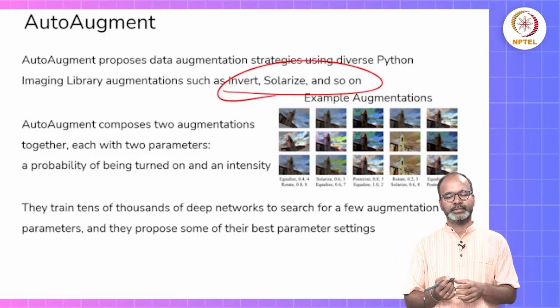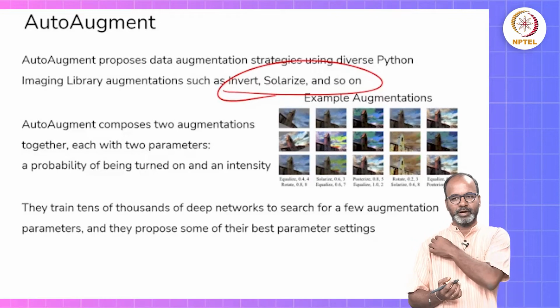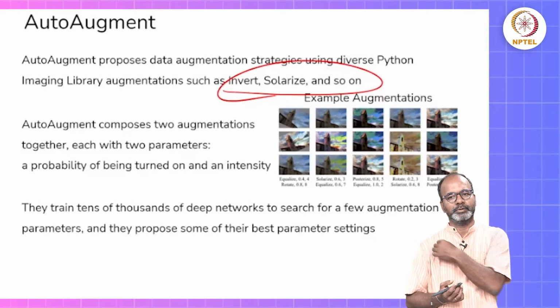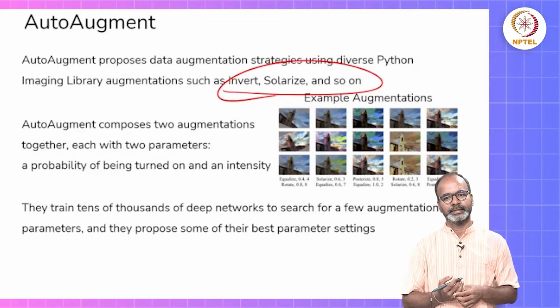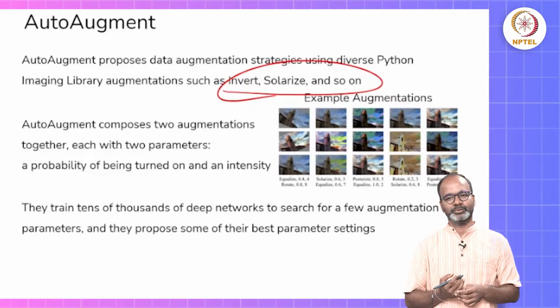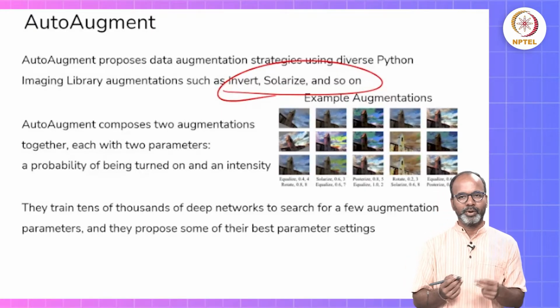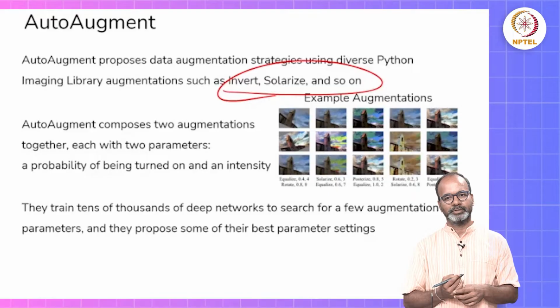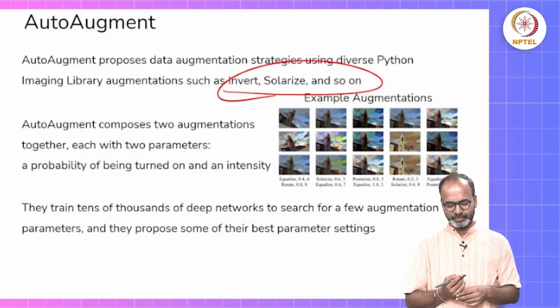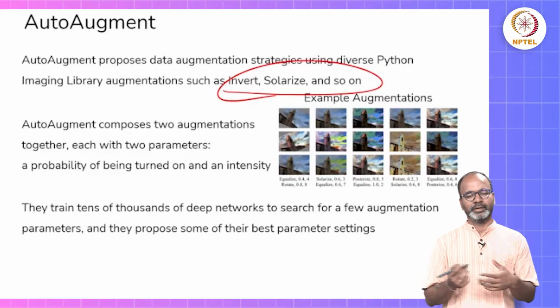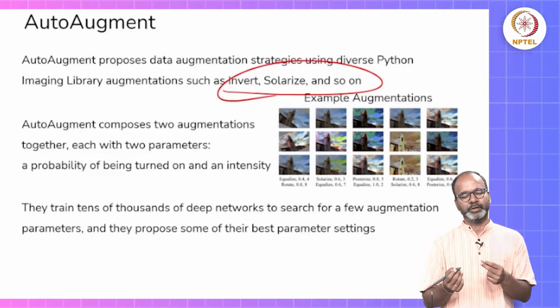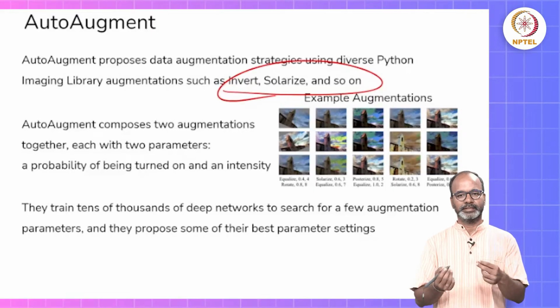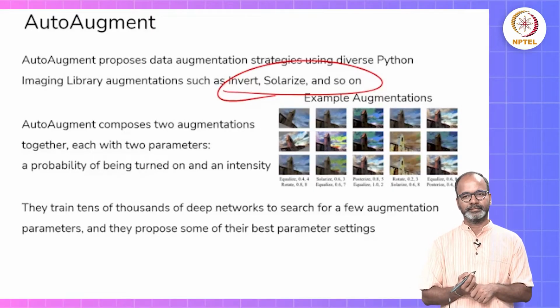Posterize is to print or display a photograph using only a small number of different tones. So, you change only small parts of the image. That's posterize. Image contrast, if you change the contrast of the image, that's equalize.